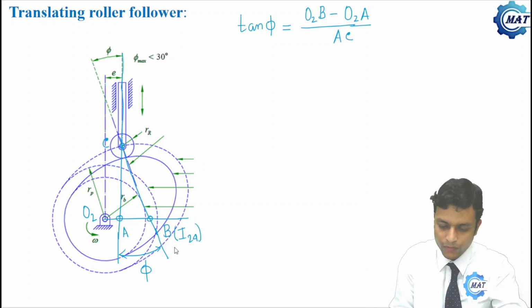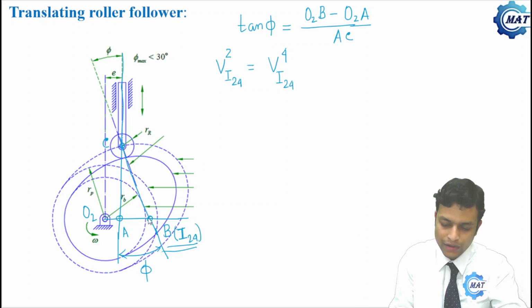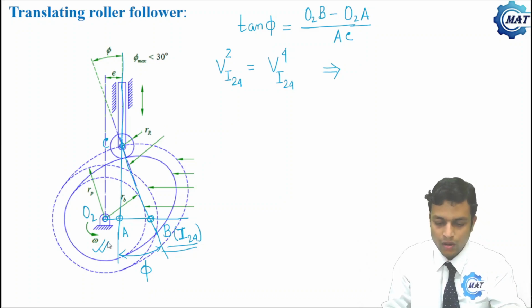To calculate that, we use the fundamental of relative IC, that B is nothing but I24. So the velocity of body 2 at I24 equals the velocity of body 4 at I24. Body 2, the cam, has pure rotation about O2, and if the angular velocity of body 2 is omega, then omega times O2B equals the velocity of body 4 at I24.